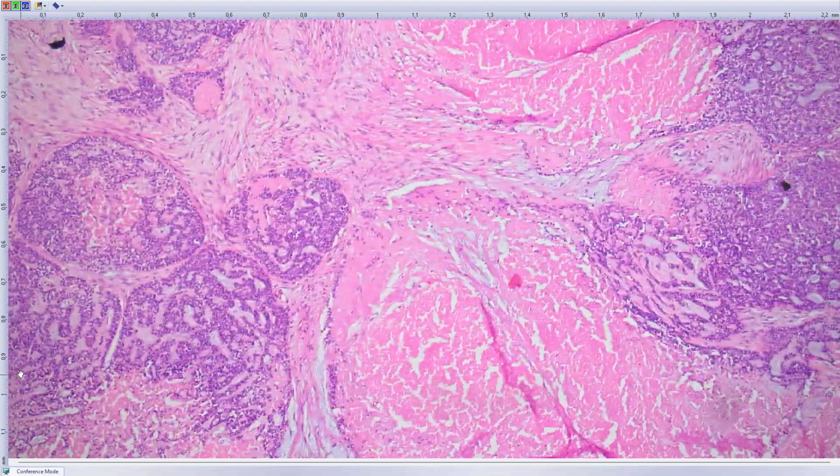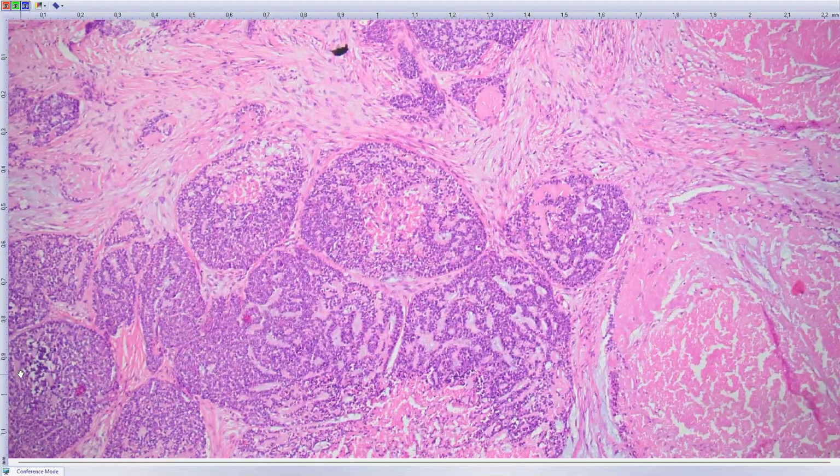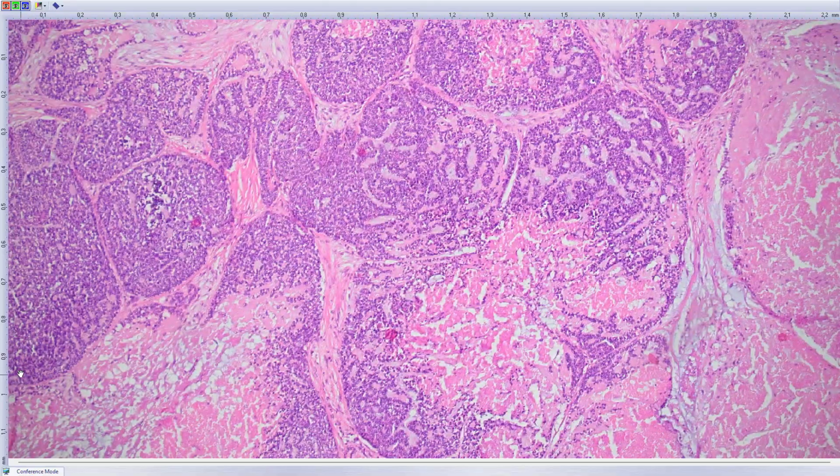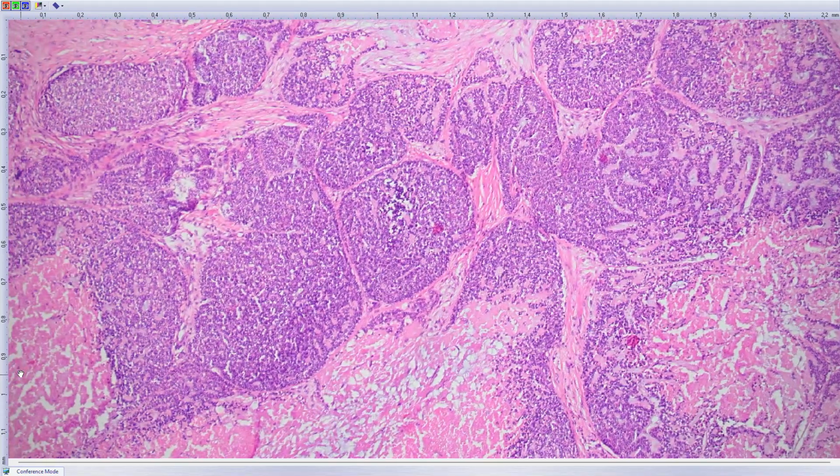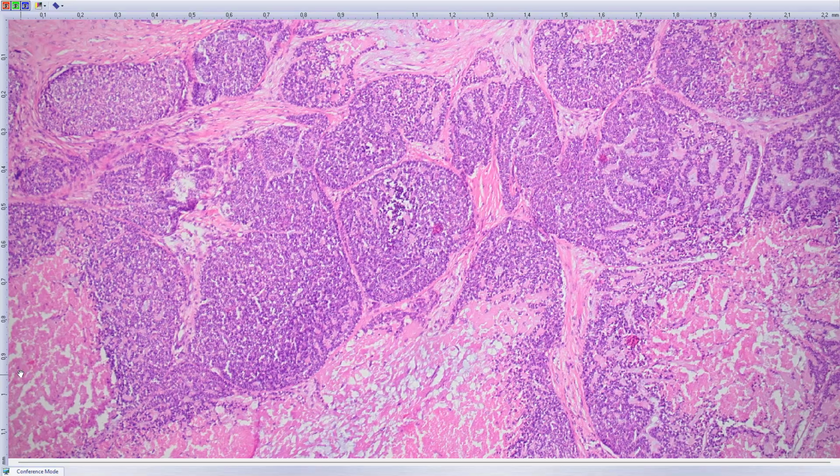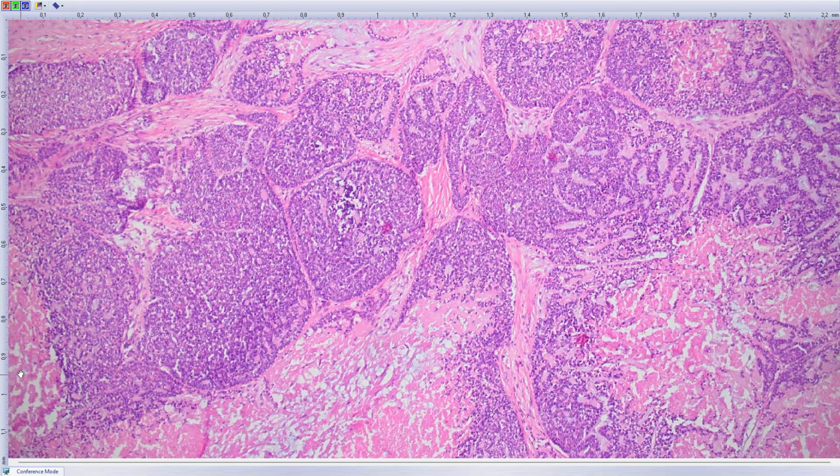So the differential diagnosis seems to be between HPV-related sinonasal multiphenotypic carcinoma, but that's not so easy because it's oropharynx and it's human papillomavirus HPV 16, which is not the case of multiphenotypic sinonasal.